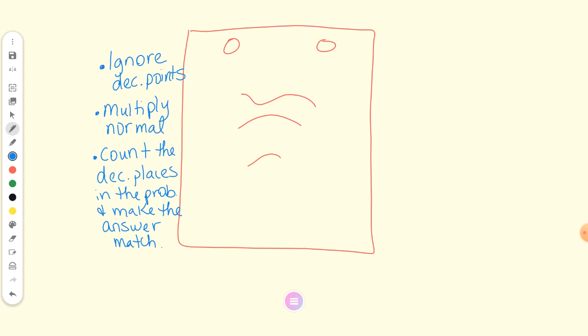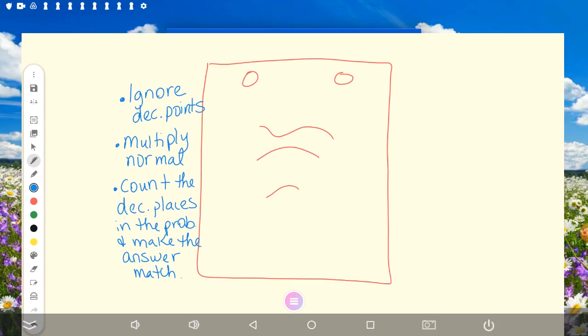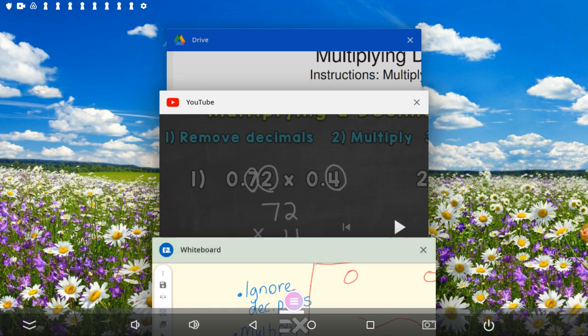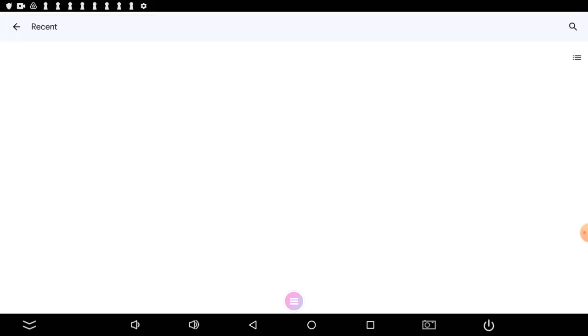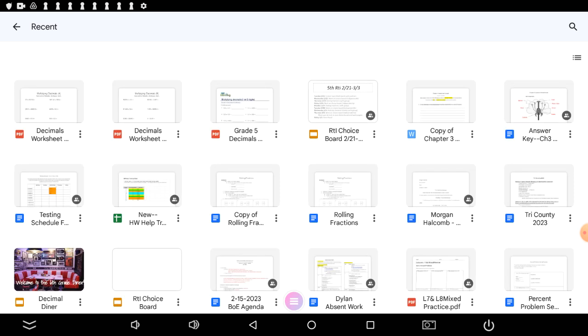Now we're just going to do several examples. Everybody have that? Okay. Grayson, you with me? Locate your worksheet that says K5 Learning at the top.